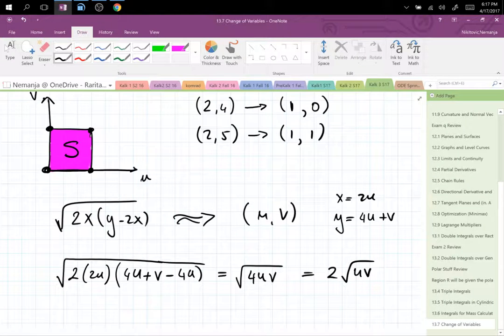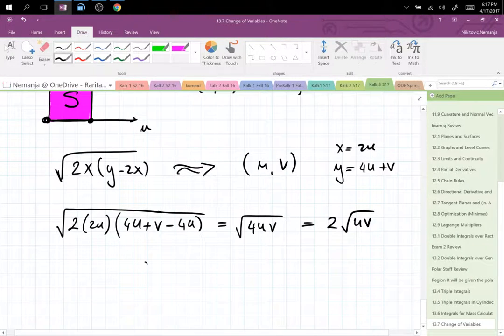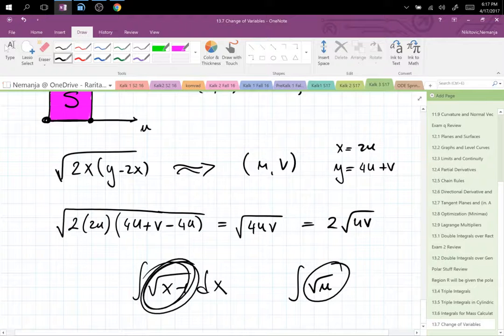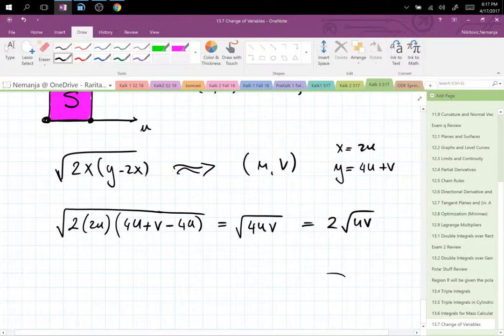So that was equivalent, if we are still looking back into our integral x minus 1 dx, that was the part where you write square root of u, right? When you transform this piece to get that piece. So that was it. And now the last part is for us to get the Jacobian matrix, which is that dA part at the end.